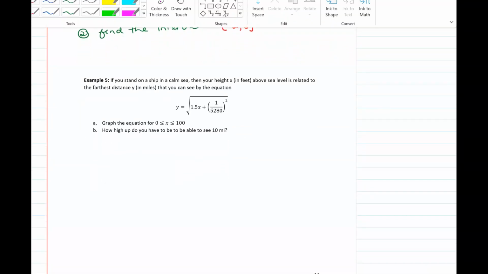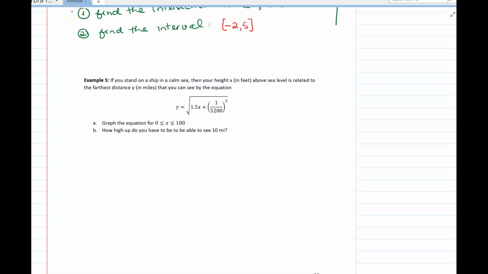In the next problem, we want to graph the equation for x between 0 and 100, and we want to know how high up you have to be to be able to see 10 miles. So let's start with the graph, and we want x between 0 and 100.